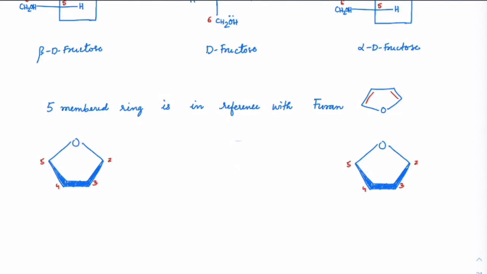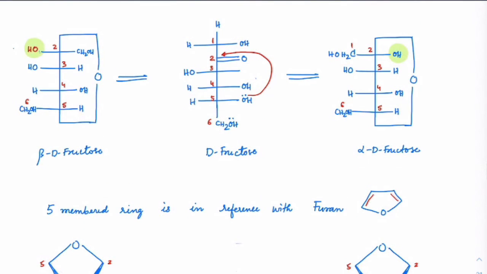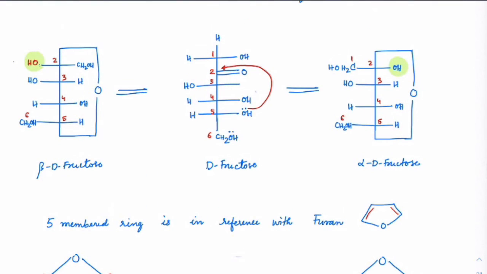If this is beta-D-fructose, I have to show it in the Haworth projection. Let's see how we can show it. Here on carbon 1, 3, 4 and 5 positions, we have various groups. On carbon 2, OH is up. Left is vertically up, right is vertically down.